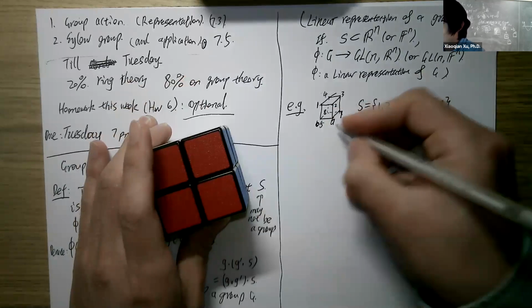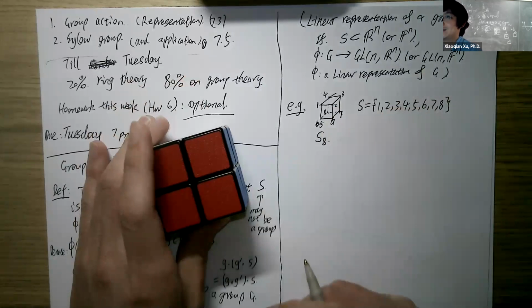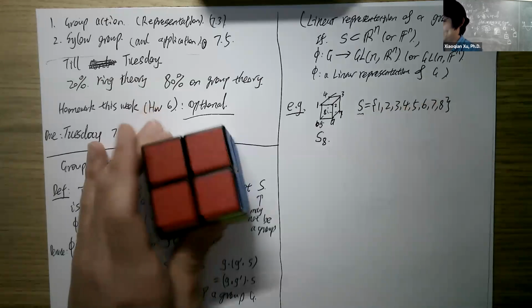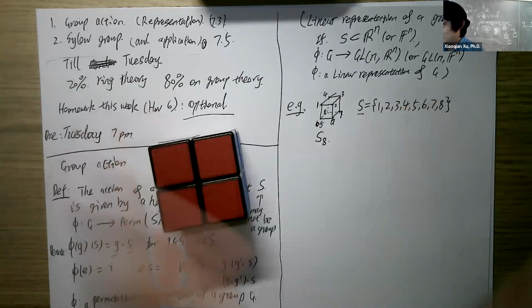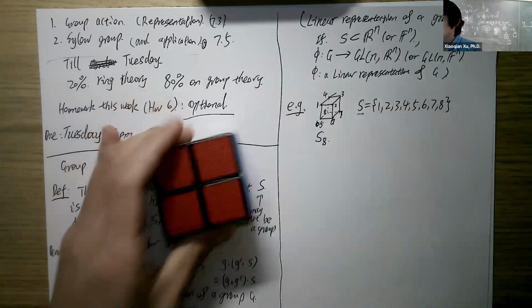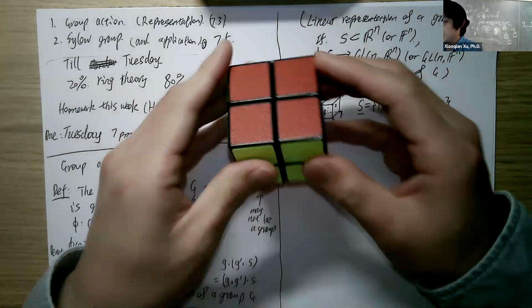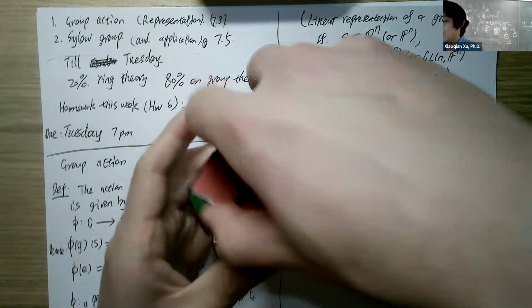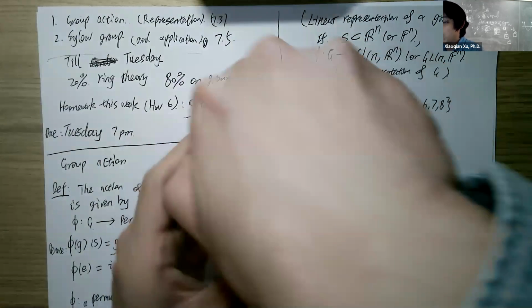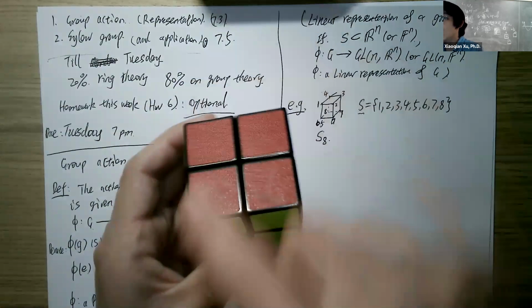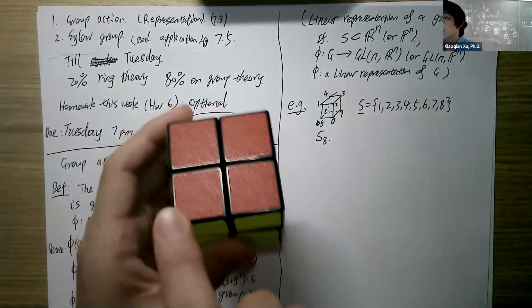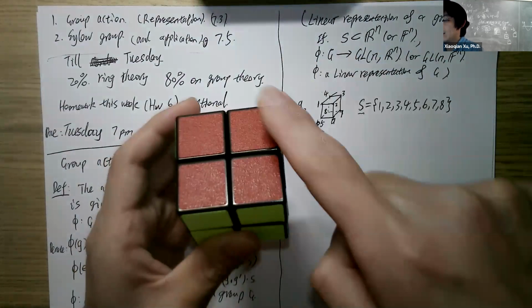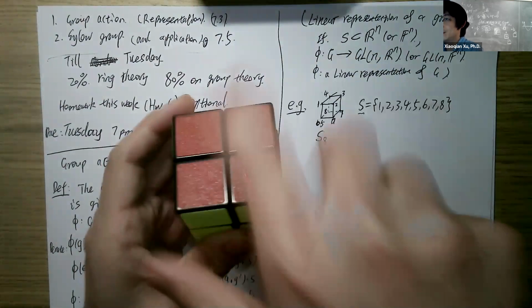And then you can try to use S8 acting on this set S, which means, for instance, you can do some operations like this. This operation maps vertex 1 to vertex 2, 2 to 3, 3 to 4, and 4 to 1, right?